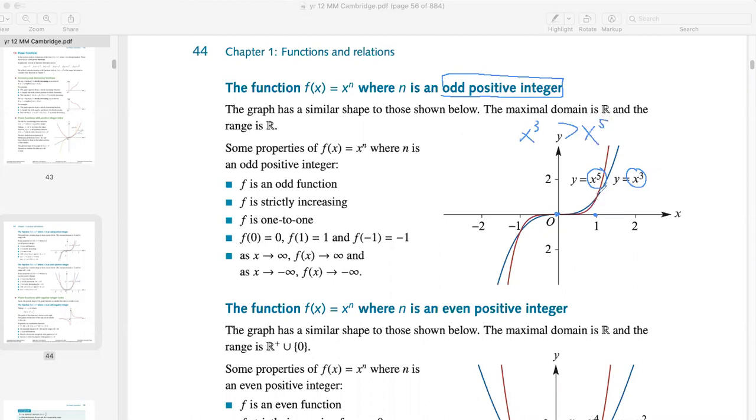And after the point (1, 1), after x equals 1, my x to the power 5 is going to be greater than x to the power of 3. Because let's imagine we have a half over here. My half cubed is only 1 on 8, but my half to the power 5 is 1 on 32. So it's much less.